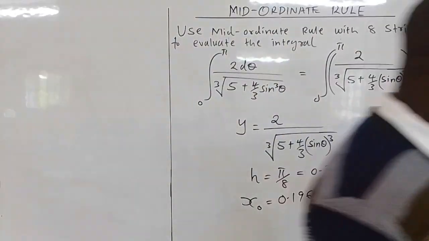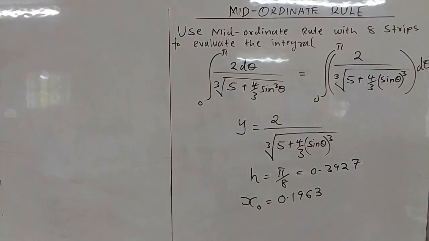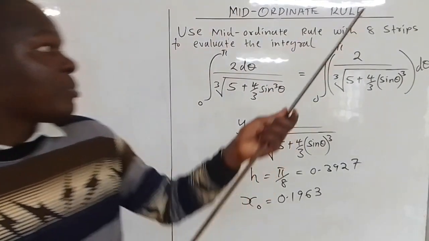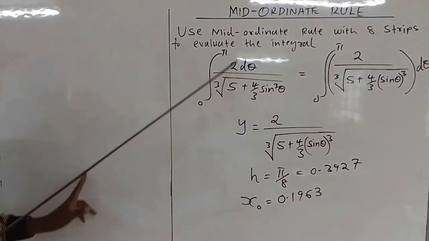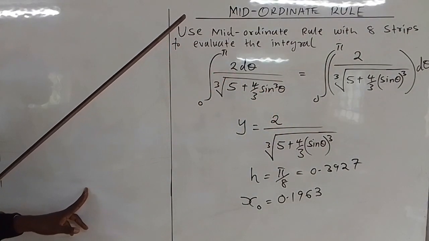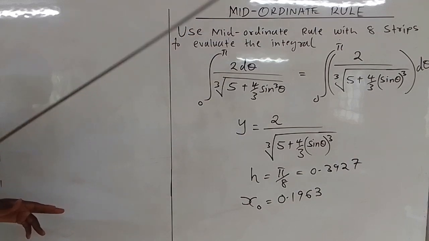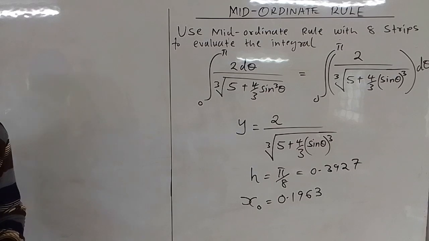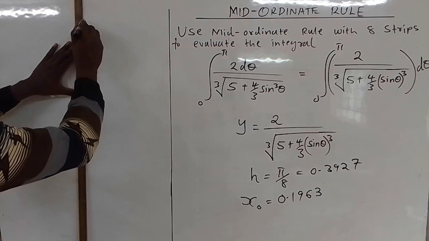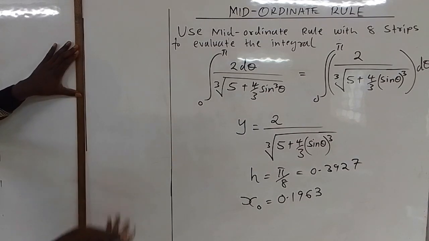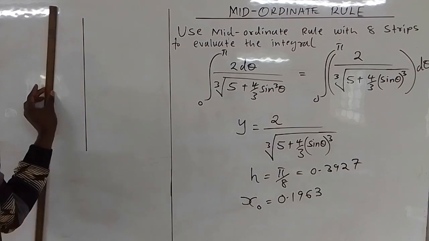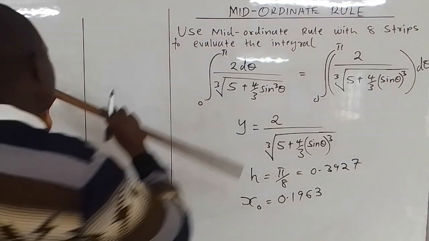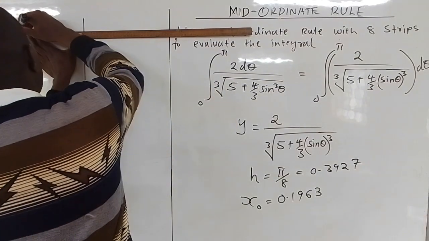We know 8 strips. In mid-ordinate, the number of ordinates is the same as the number of strips. So 8 strips, how many ordinates are those? 8. So can you form a table with 8 parts? That is another way of mastering. You can always master in whichever way. So divide this into 8 parts.